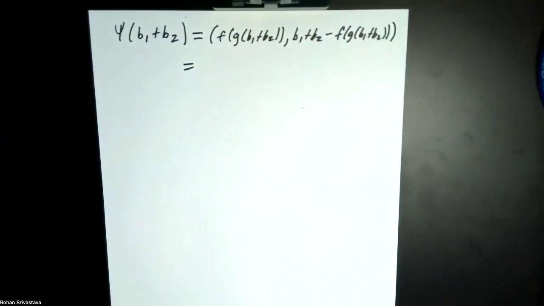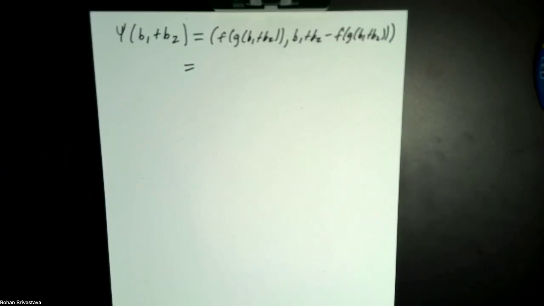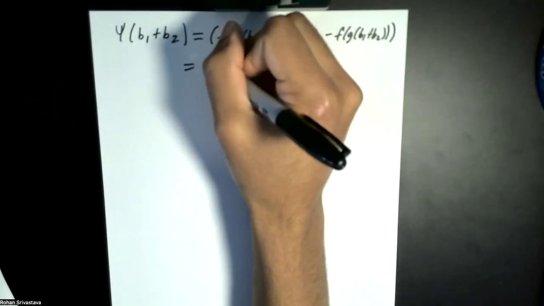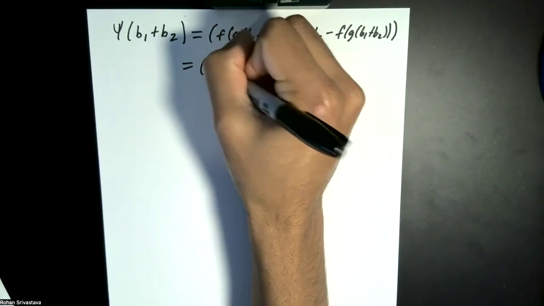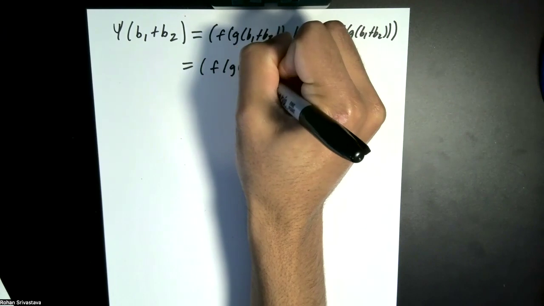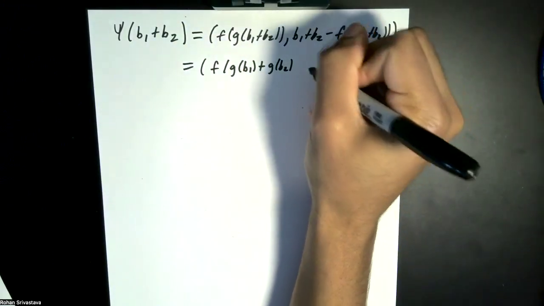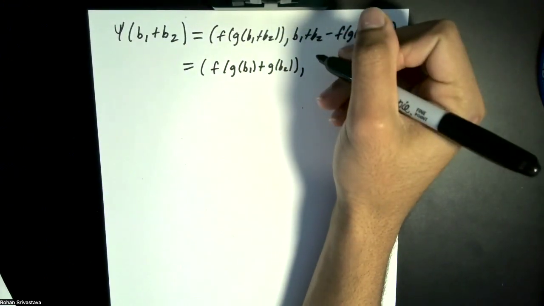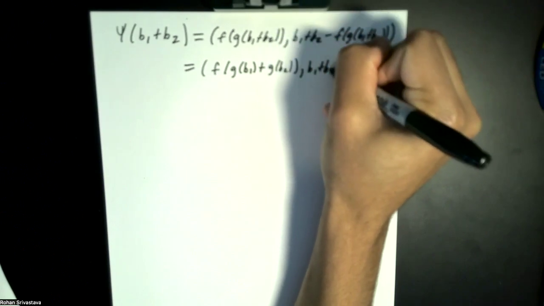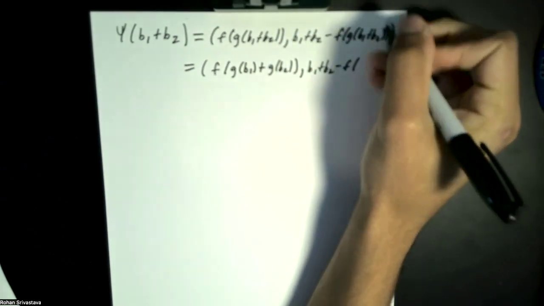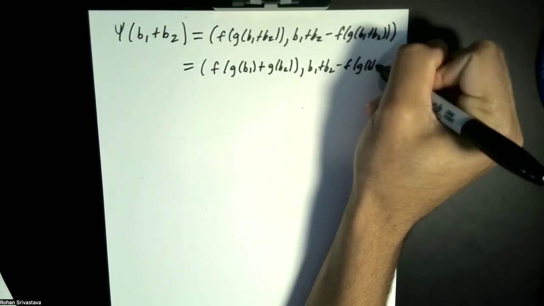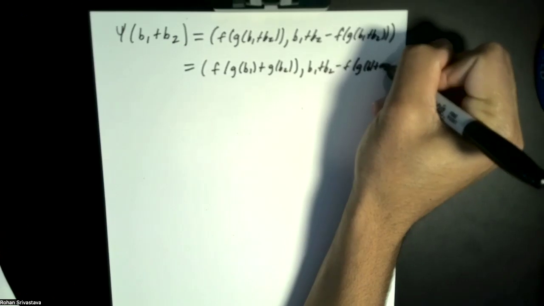Okay, and then again, we're just repeatedly using the fact that F and G are R module homomorphisms in the appropriate directions, F from A to B and G from B to A. So this is F of G of b1 plus G of b2, since G is an R module homomorphism, comma, b1 plus b2 minus F of G of b1 plus G of b2.